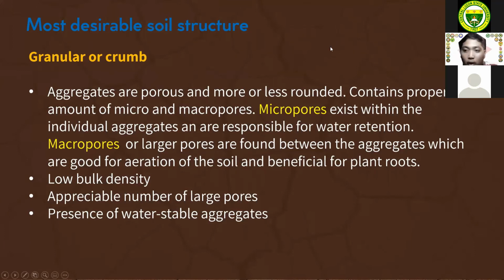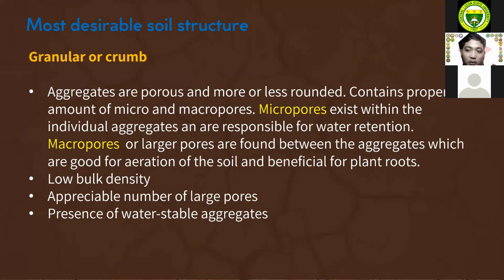Then between soil aggregates is what we call the macropores. These are larger pores and are found between the aggregates, which are good for aeration of the soil and beneficial for plant roots. Okay, ito naman yung mga macropores, yun naman yung na-form between aggregates. Okay, when we say micropores, these are within aggregates, and when we say macropores, these are between aggregates.